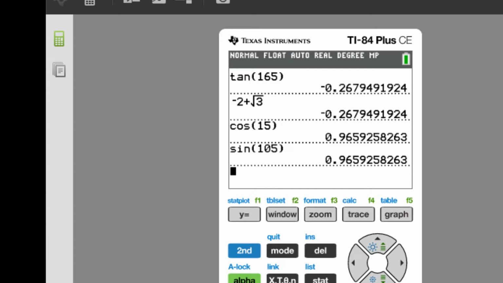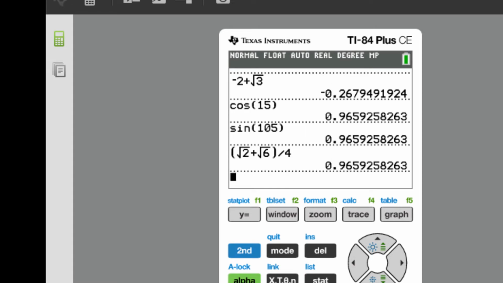And didn't we say, what is this going to be? Square root of 2, right? Second, square root of 2 plus second square root of 6. Close the parentheses. Divide by 4. So, okay. It looks like we're on our way. Is that right? You guys okay with that? Nice. What do you guys think? Pretty good?